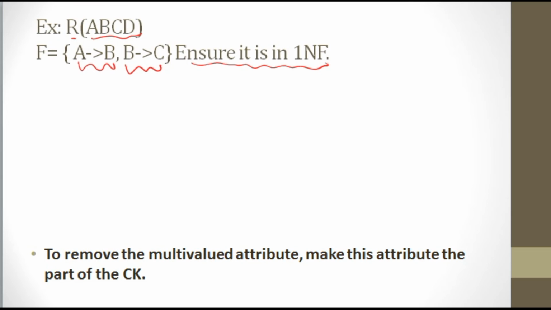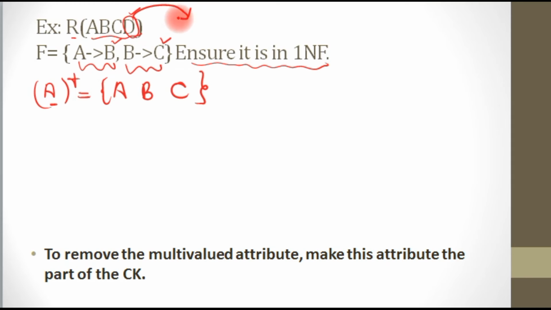So in this question, find the candidate key. So we have B and we have C here. So A can determine A, B and C. So A does not determine D, or we can say that after observing these functional dependencies, none of these functional dependencies determine D. So D is not determined by any functional dependency.